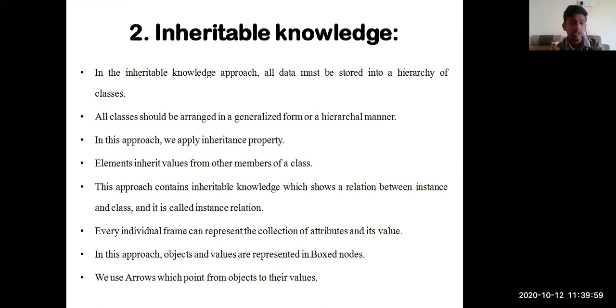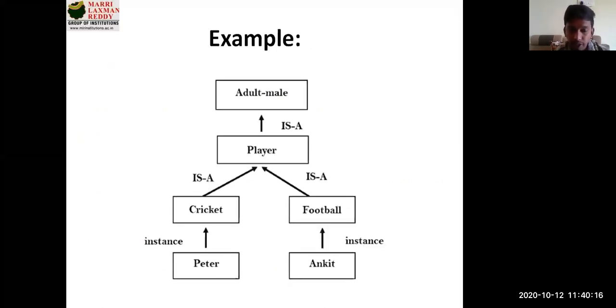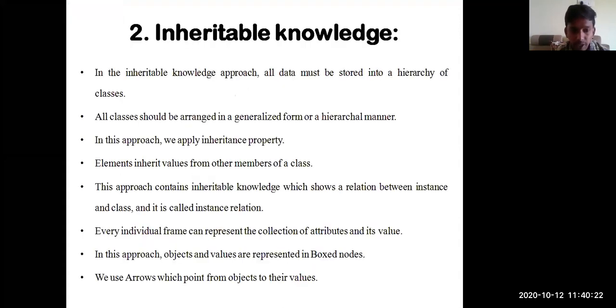This approach contains inheritable knowledge, which shows a relation between an instance and a class, and it is called instance relation, that is, using the is-a relationship. Every individual frame can represent a collection of attributes and its values. You can see the individual frame here representing some knowledge from one state to another state.